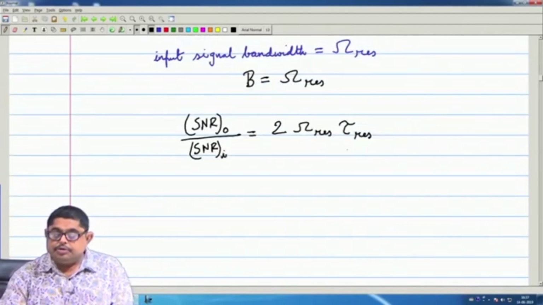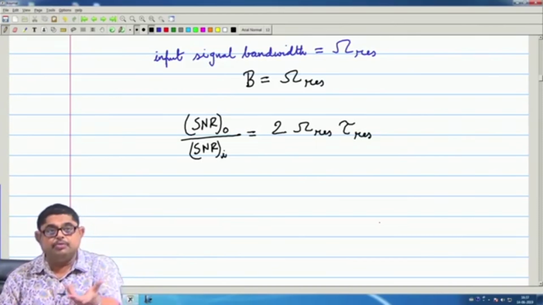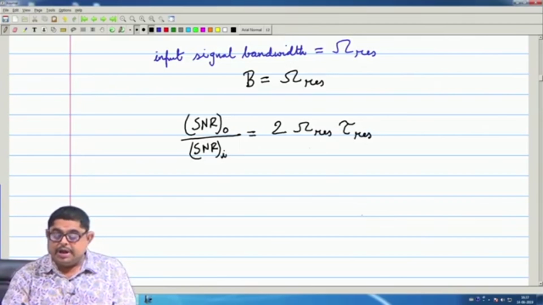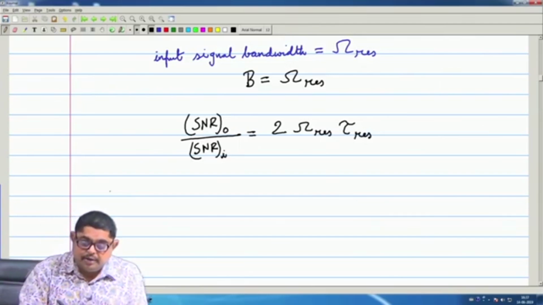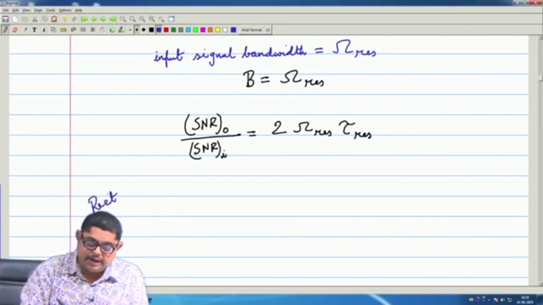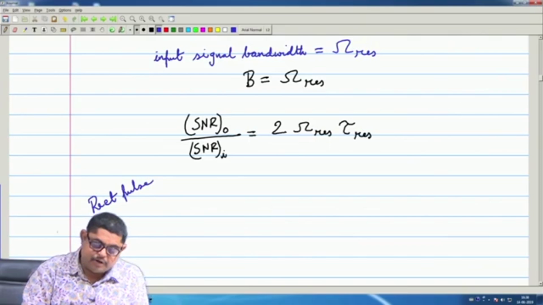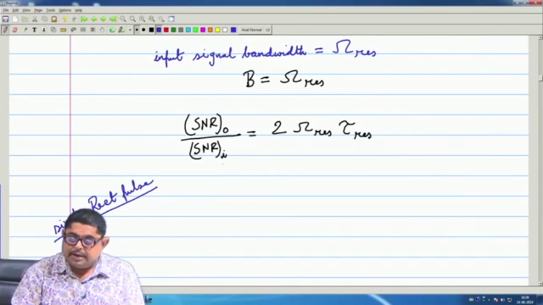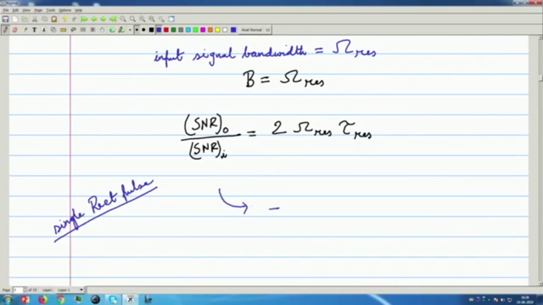This is an important thing, obviously here we will try to maximize it, and we have seen that for a single rectangular pulse, this gain will be 2 into 2/3, so that will be 4 by 3.